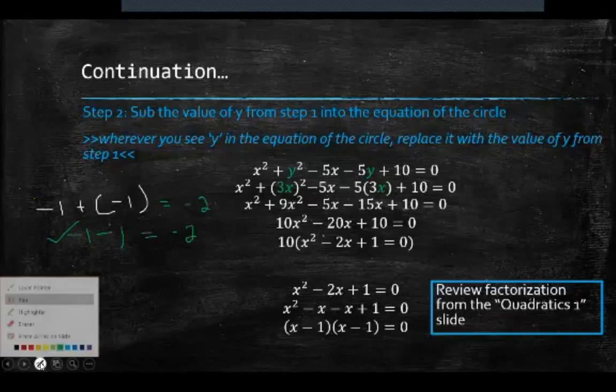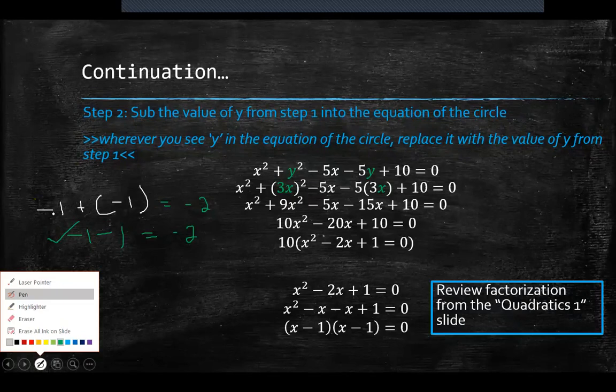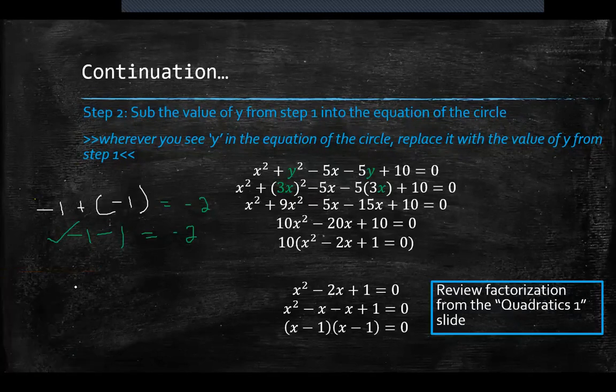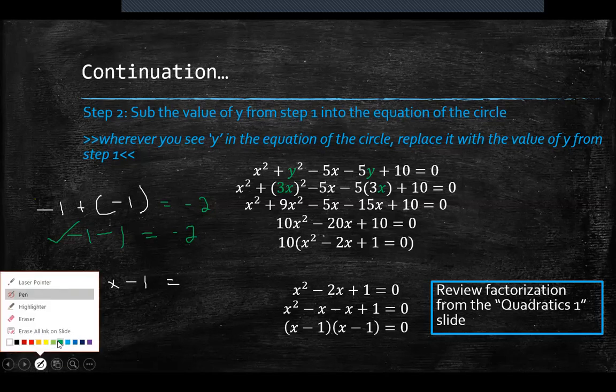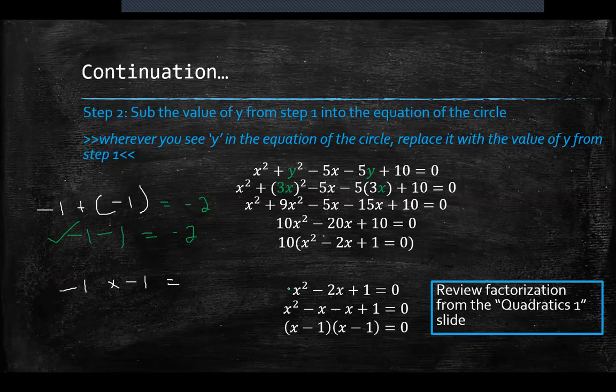But the rule also says that these two numbers, -1 and -1, when multiplied, need to give me the same value as if I multiplied A by C. A in this case is 1 and C is 1. So 1 times 1 is 1.